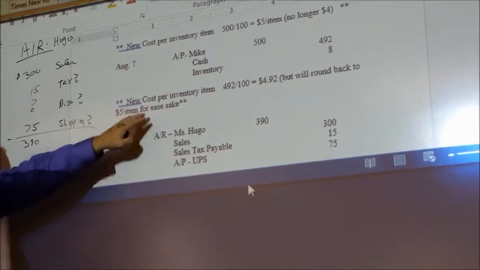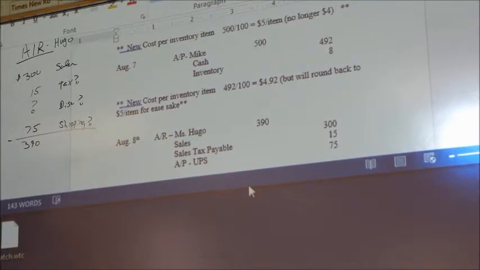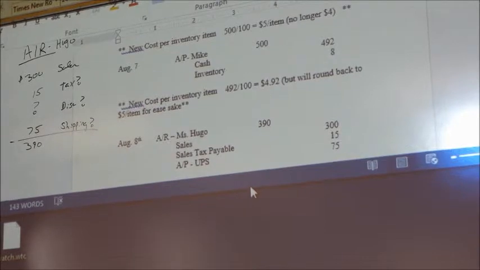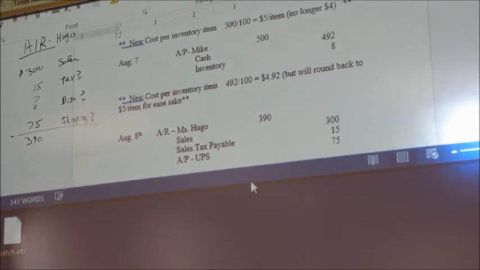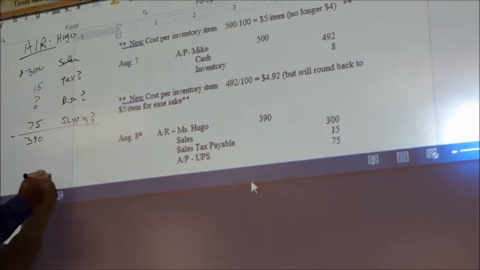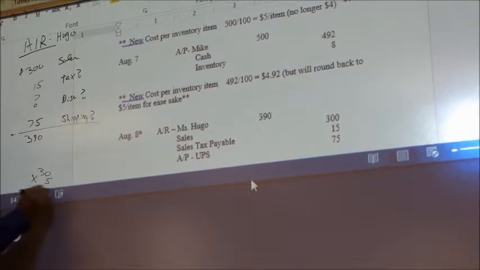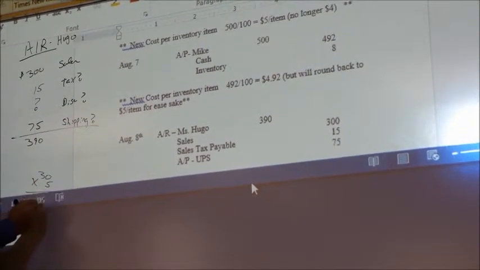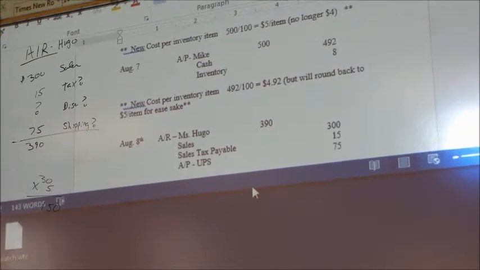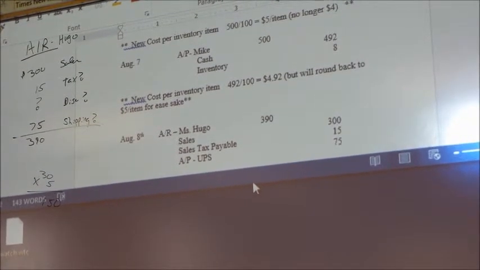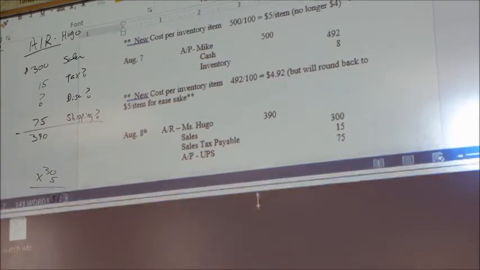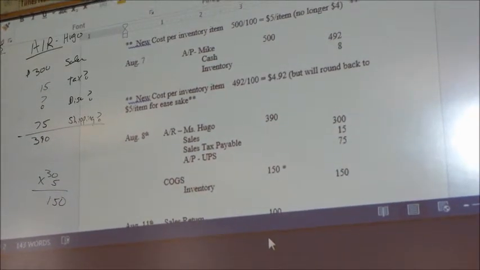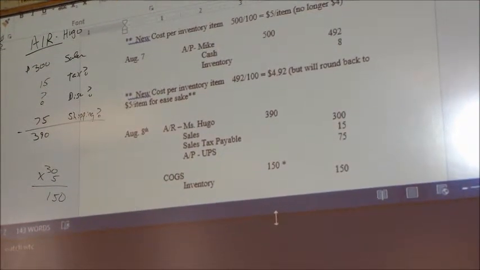Again, it's really $4.92, but we're going to use 5. I sold Hugo 30 items, and they cost me $5 each. So I got rid of $150 of inventory.